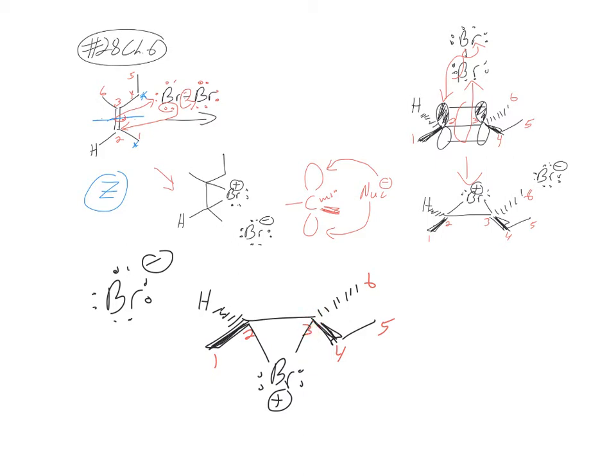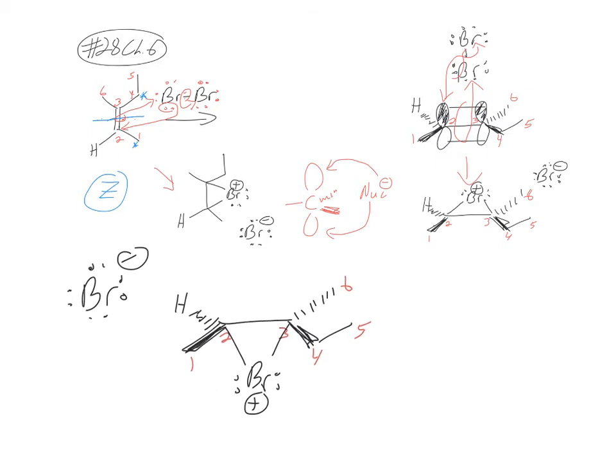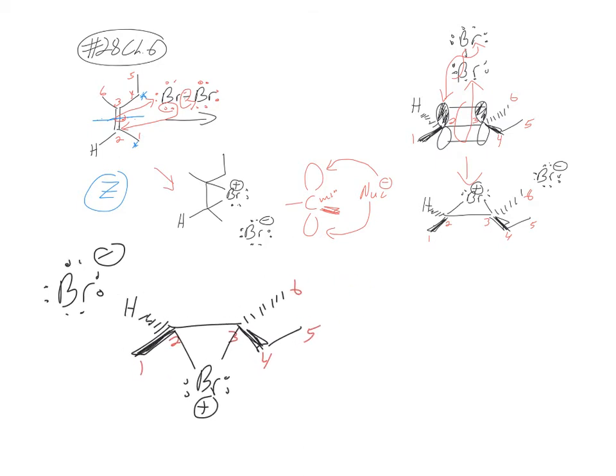Now, another thing to notice, we always get trans products. So the product of this, if I move this stuff over here, let me show you what the product is beforehand. The product with this enantiomer, this is what you get. You get the bromine.